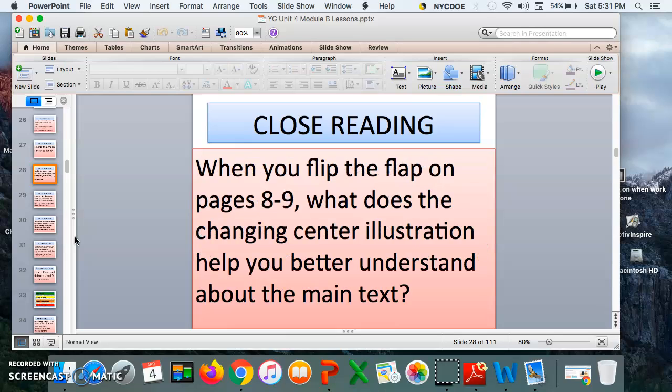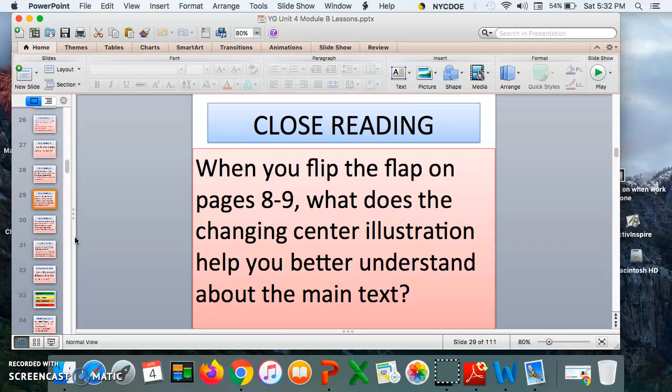Let's continue. Our second close reading question is, when you flip the flap on pages 8 to 9, what does the change in center illustration help you better understand about the main text?